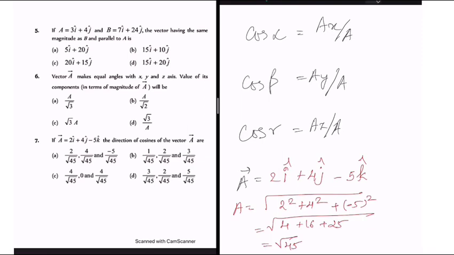Here 2 is Ax, 4 is Ay, 5 is Az. So your answer is cos alpha 2 upon root 45, cos beta 4 upon root 45, cos gamma minus 5 upon root 45.